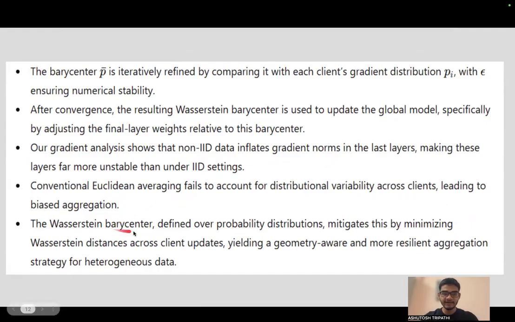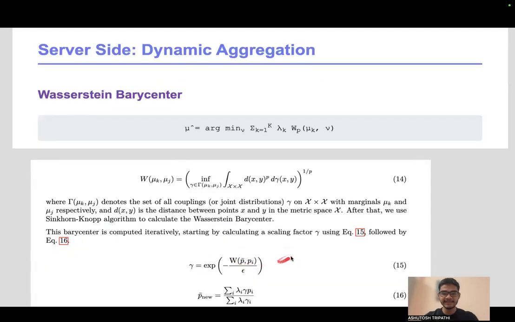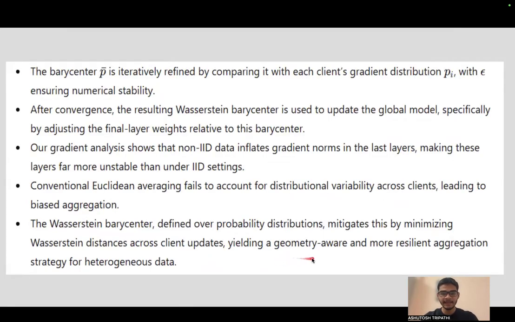Here the Wasserstein barycenter, defined over probability distributions, mitigates this by minimizing Wasserstein distance across client updates as discussed in equations 15 and 16, yielding a geometry aware and more resilient aggregation strategy for heterogeneous data.